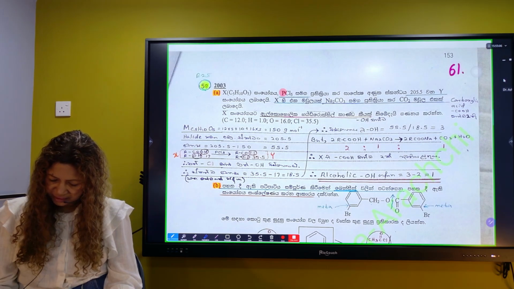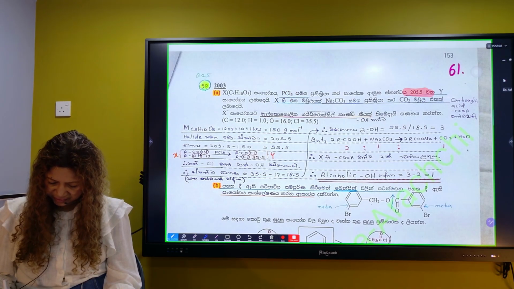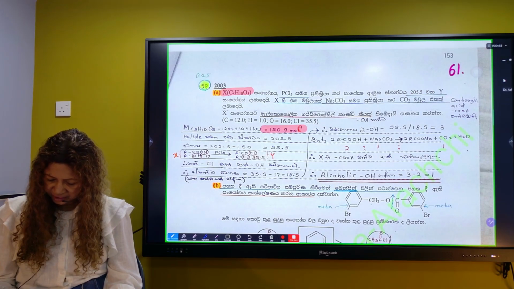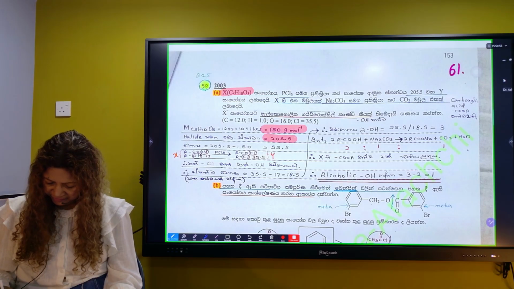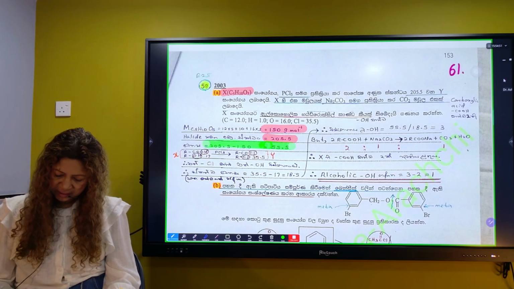Once it reacts with PCl5, the molar mass is 205.5. Without that, the molar mass is 150. 205.5 minus 150 equals 55.5.